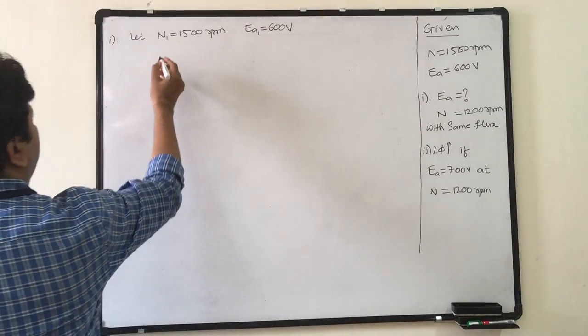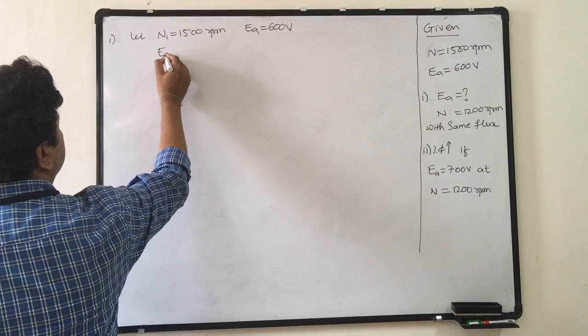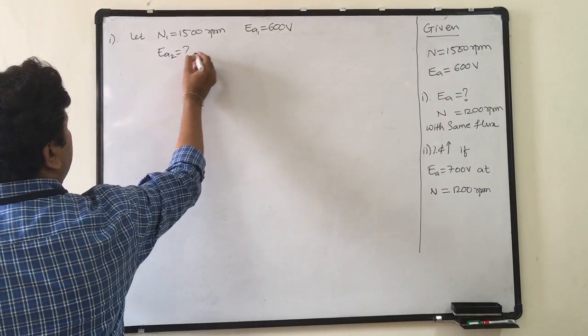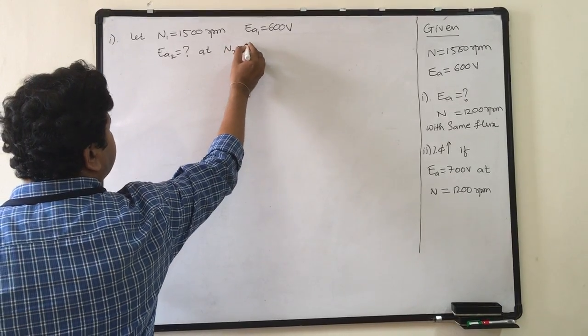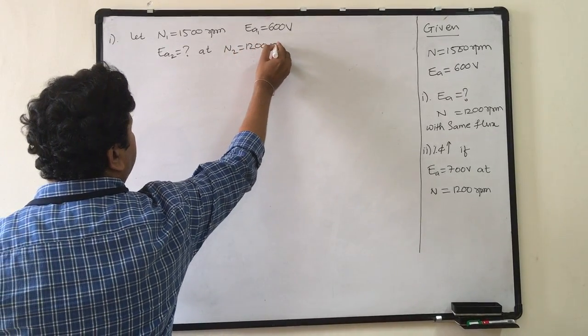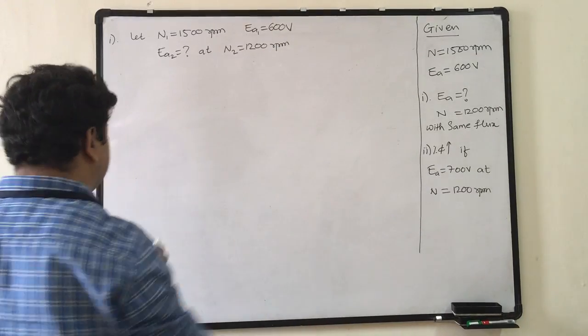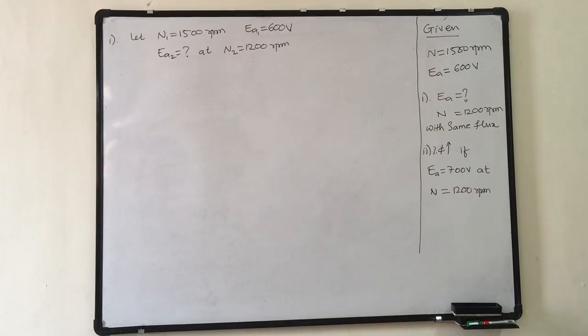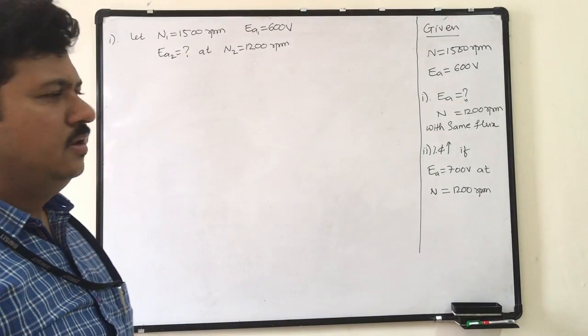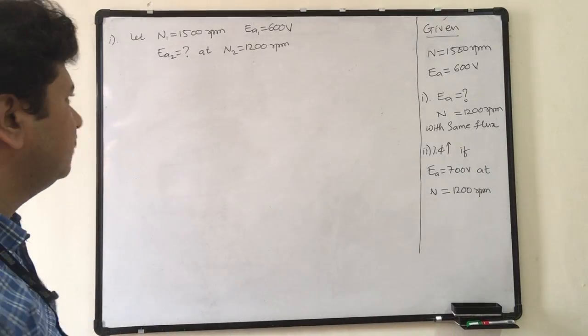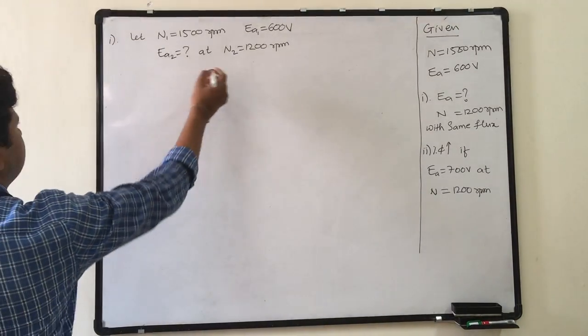Then I want EA2 at N2 equal to 1200 RPM. So this is what we need to find in point number 1. First we'll write the EMF equation.